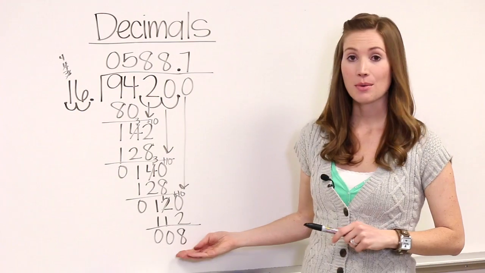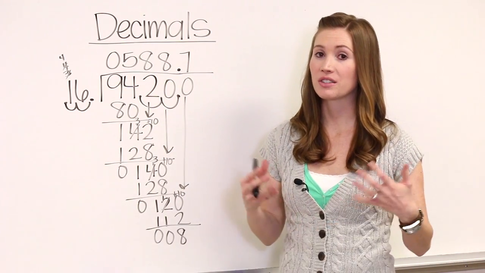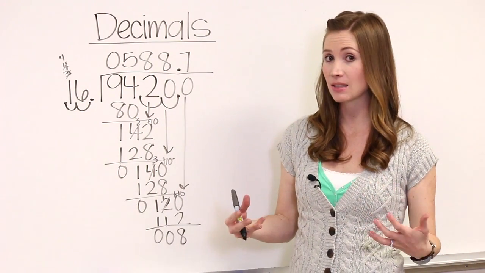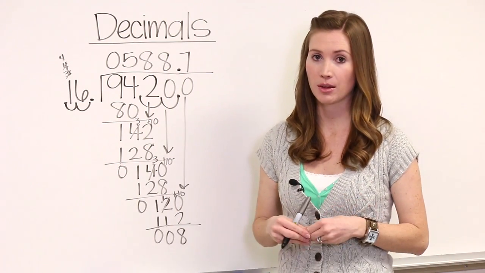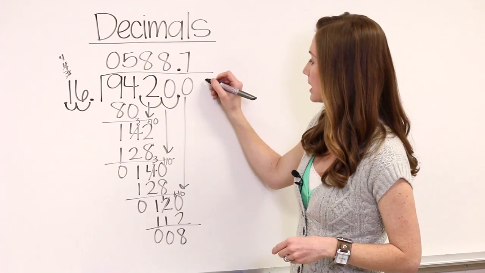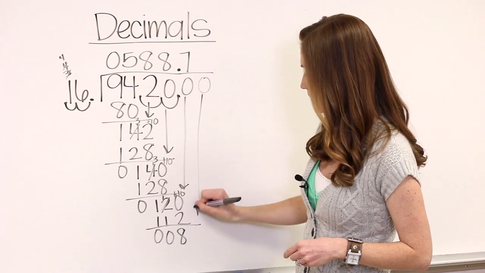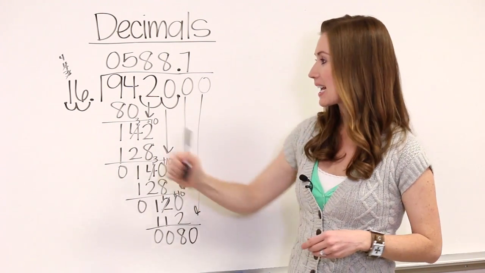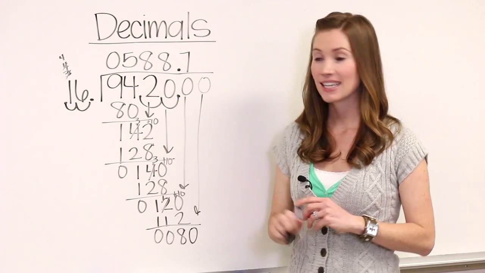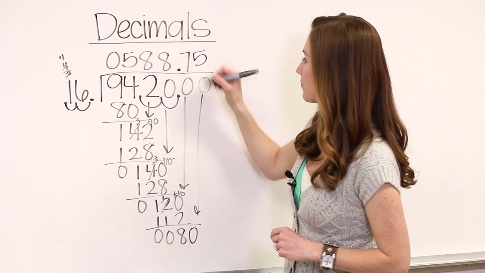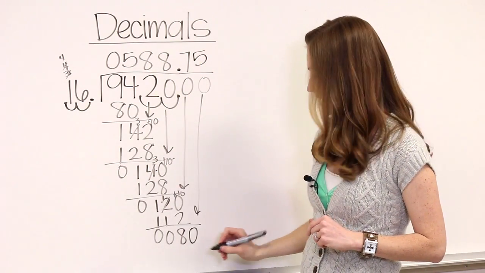Now we still have 8 remaining, but remember, because we're dividing decimals, we can't have a remainder. So we need to continue working the problem out. We're going to bring down an additional 0. How many times does 16 go into 80? 5 times. 5 times 6 is 30.